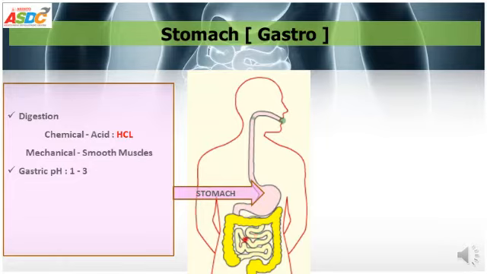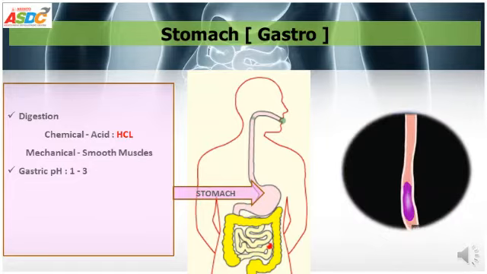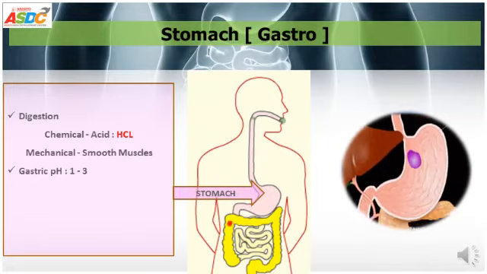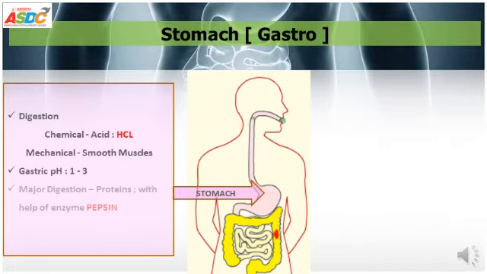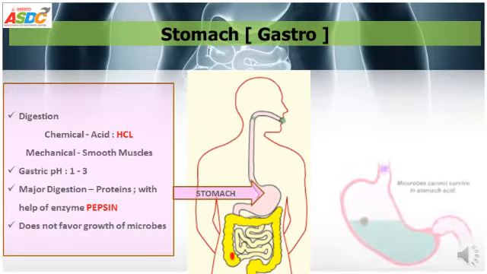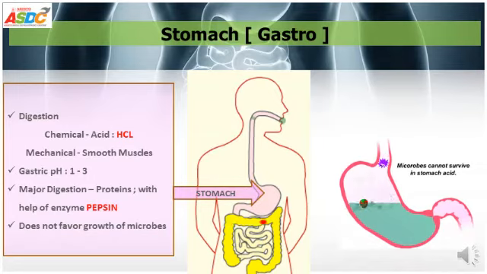This gastric acid is made by parietal cells with the help of the enzyme commonly called the proton pump. The major digestion in the stomach is that of proteins with the help of the enzyme pepsin. Also, due to high concentration, most of the microorganisms cannot survive or grow in the acidic environment of the stomach.